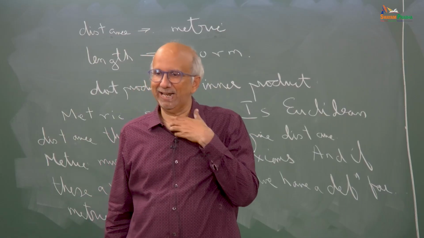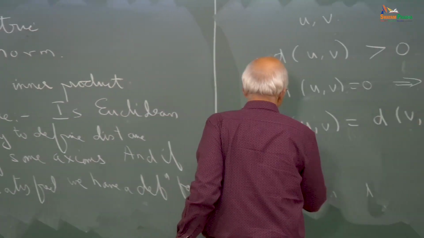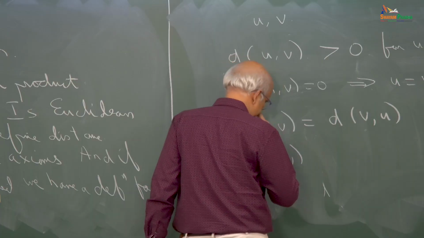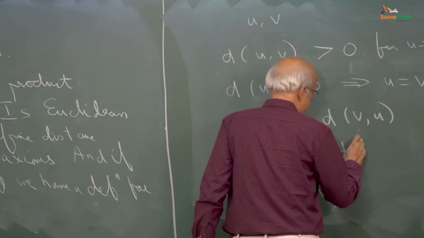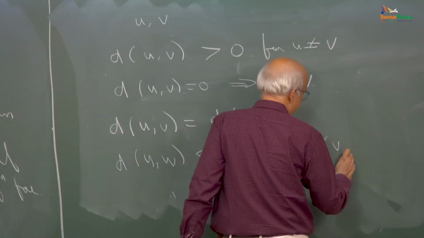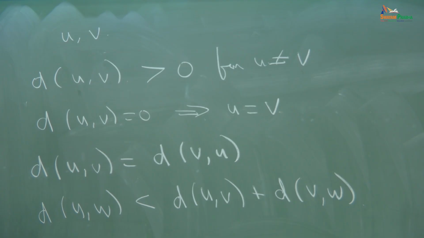And then you have a triangle inequality, which is d of u comma w is less than d of u comma v plus d of v comma w, okay.